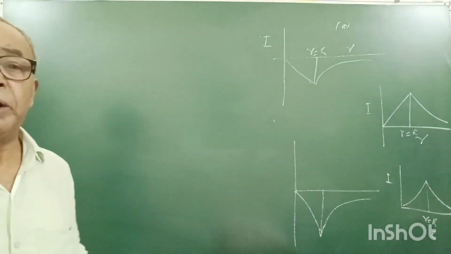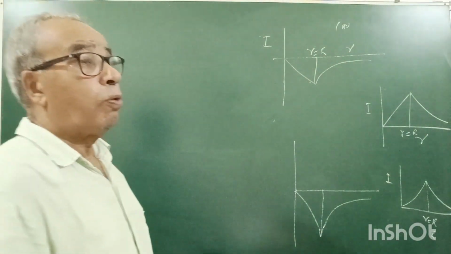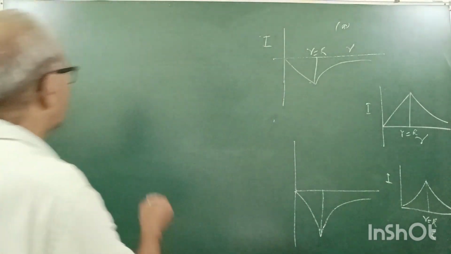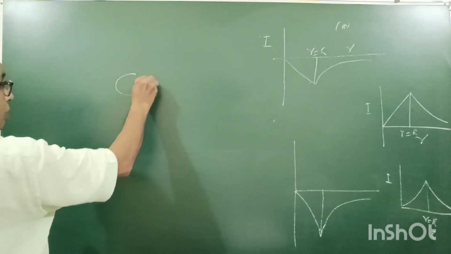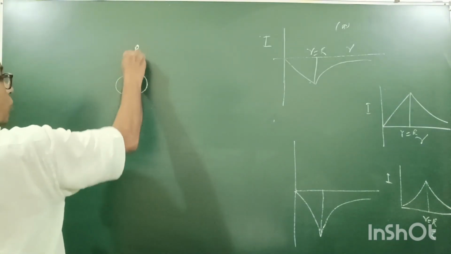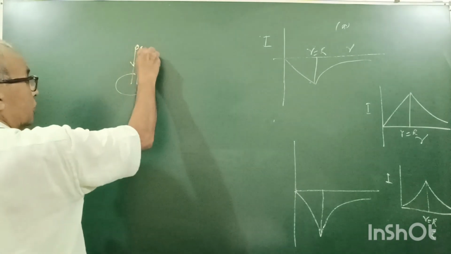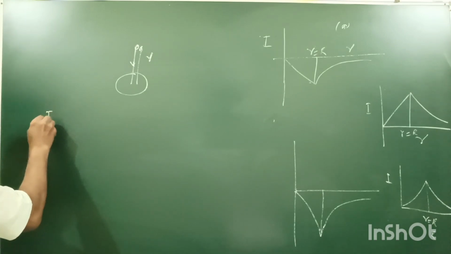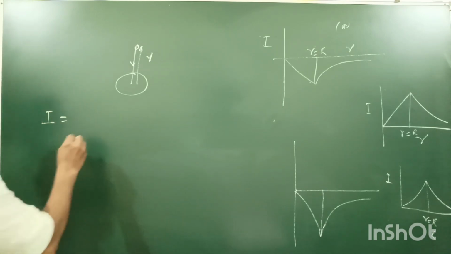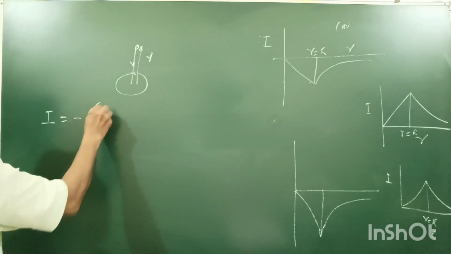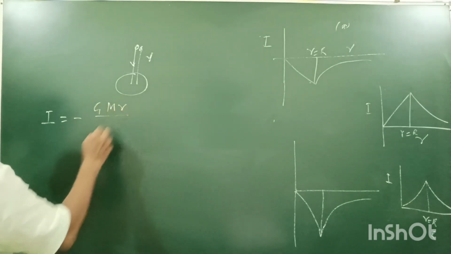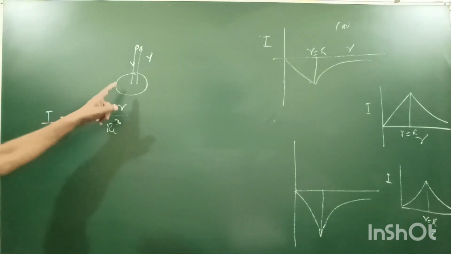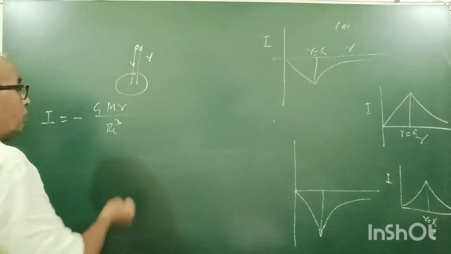So gravitational intensity is the force of attraction per unit mass. And where will the attraction force be? Listen to me very carefully. If mass m is here, force is this, and r vector direction this. So therefore, intensity of gravitational field from Earth's surface inside is G M E r upon RE cube, where r is the distance from center of Earth.